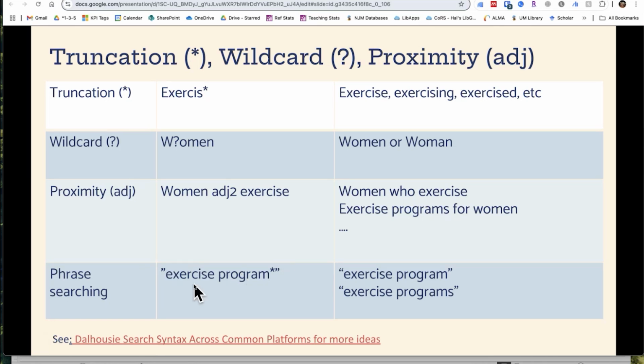But doing it like this means it has to be together. So yes, you can definitely use this, especially in specific databases. And I've linked out here to a guide that talks you through how to use these in each database, because it varies from database to database. So this kind of guide will help show you how to adjust, as well as that search polyglot that I showed you will help too.